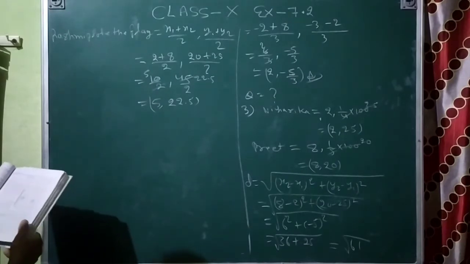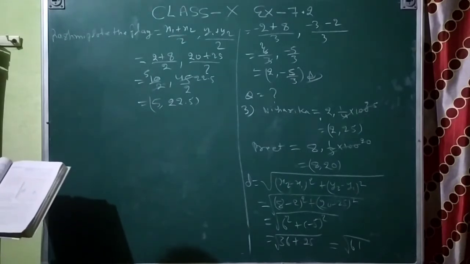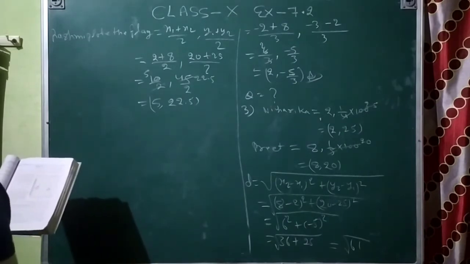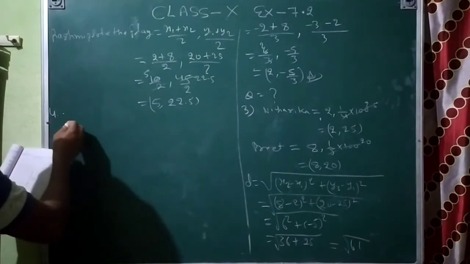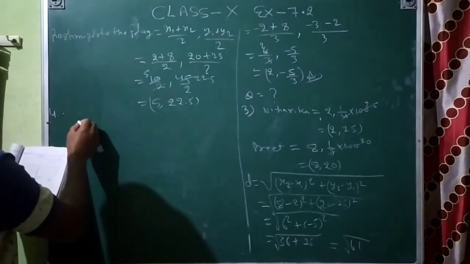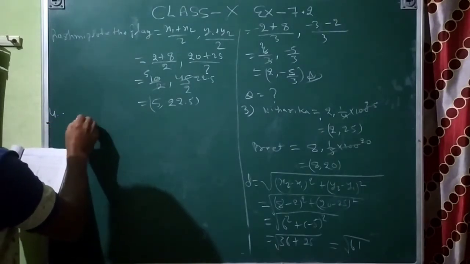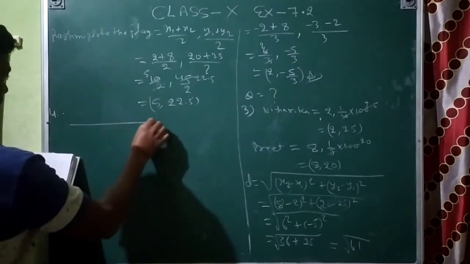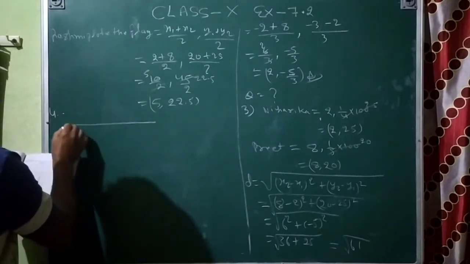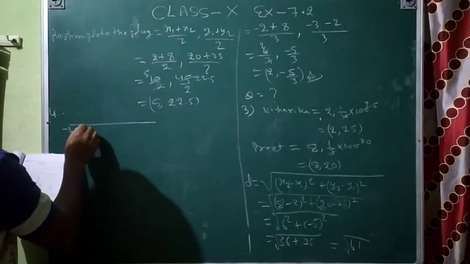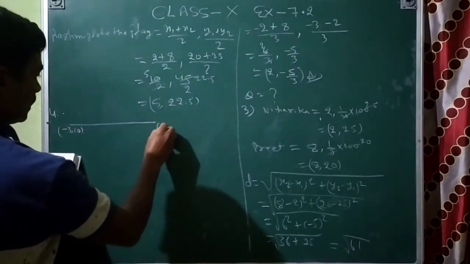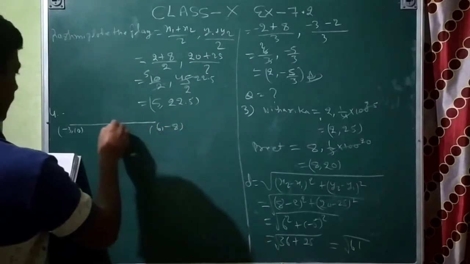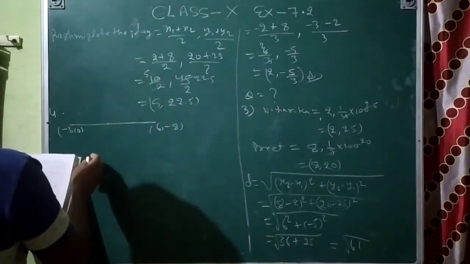Find the ratio in which the line segment joining the points is divided. So, fourth question. Suppose this is a line joining the points (-3, 10) and (6, -8), and the dividing point is (-1, 6).